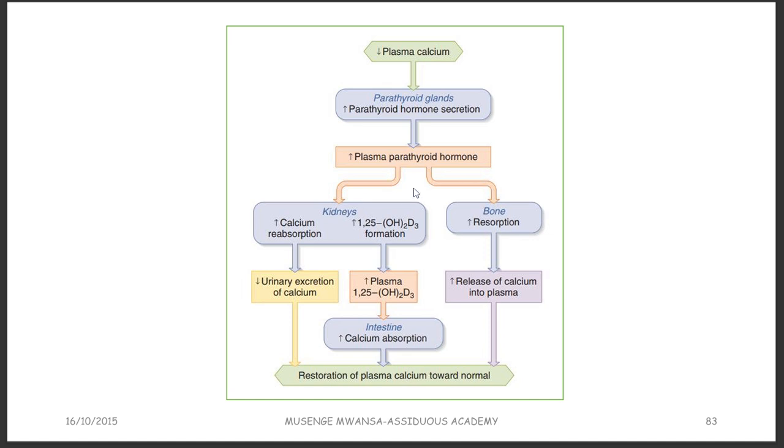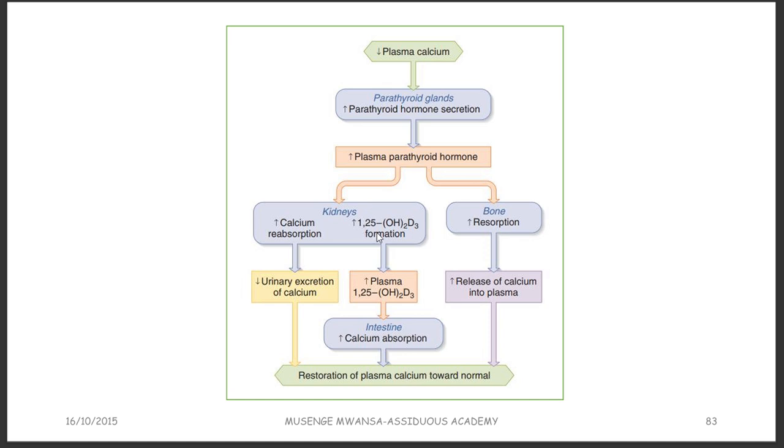Besides that, in the kidney, when there is parathyroid hormone, the parathyroid hormone is going to stimulate the production of 1,25 dihydroxycholecalciferol, or 1,25 dihydroxy D3.